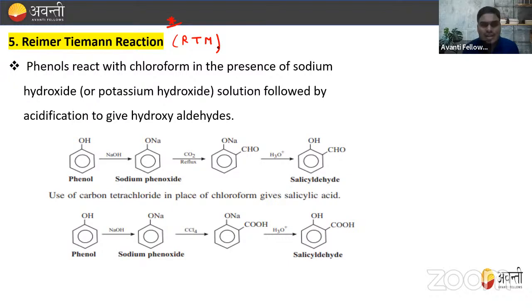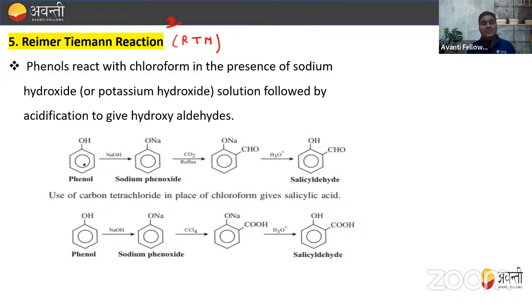So basically phenol reacts with chloroform in presence of sodium hydroxide or potassium hydroxide solution followed by acidification to give hydroxyaldehyde. So how does this reaction take place? Let's discuss this. Here we have a phenol.